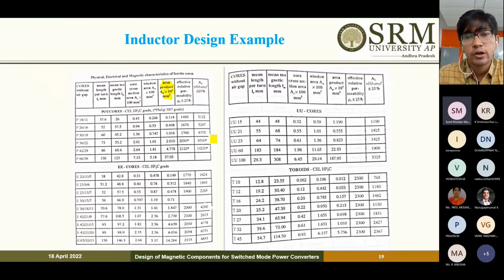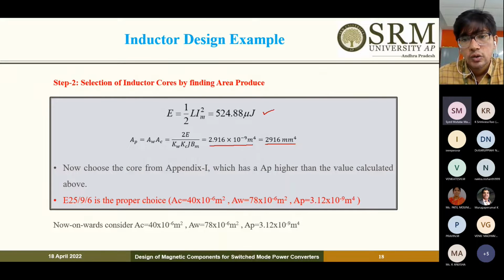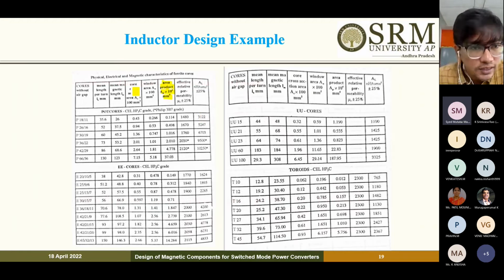So what is our area product? We got 2916. If you see P18 by 11, the area product, if we multiply, is 1140. The area product of P18 by 11 is not sufficient for our design. If you go with P26 by 16, how much is the area product here?